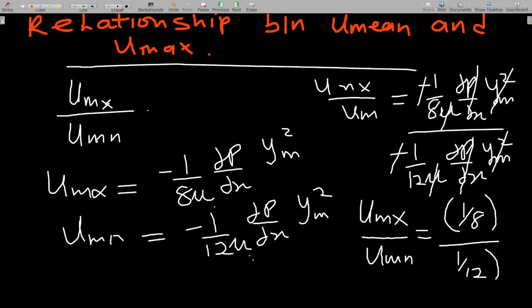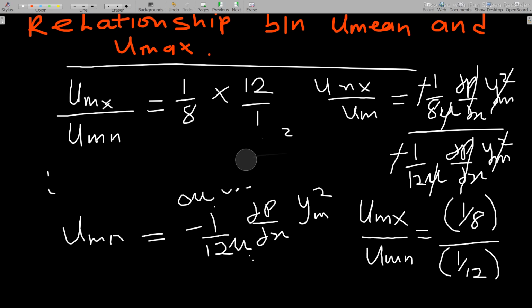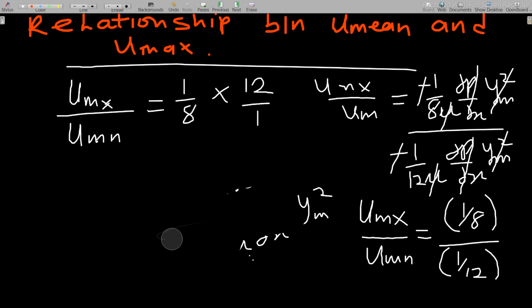Now let me write it here. It's the same as 1 over 8 times 12 over 1. And if I compute this from our basic understanding of division of fractions, 4 goes into 8 two times, and it goes into 12 three times.